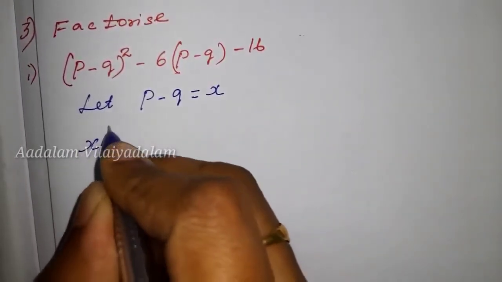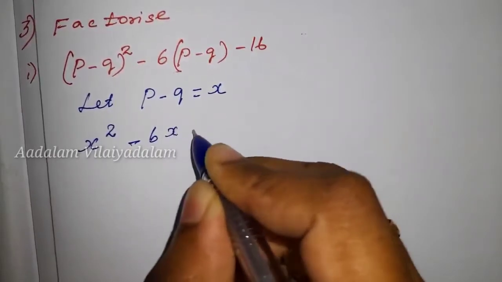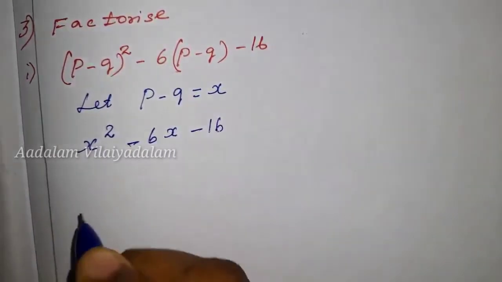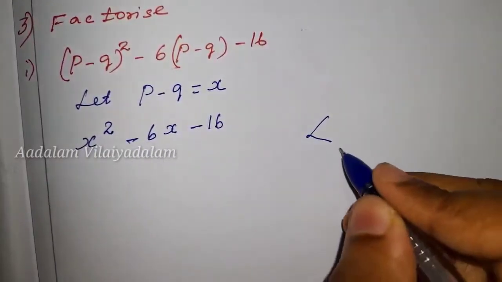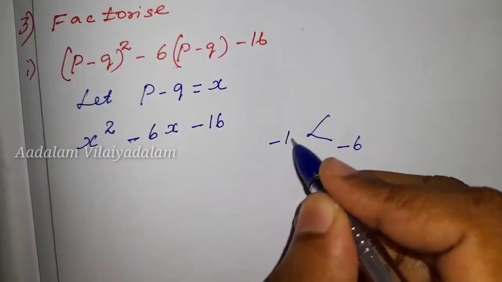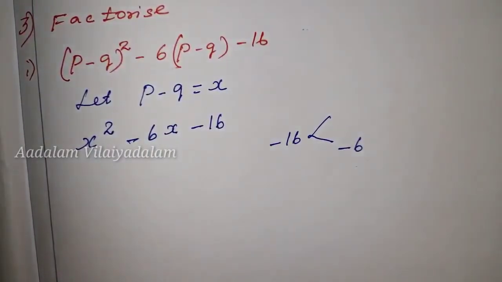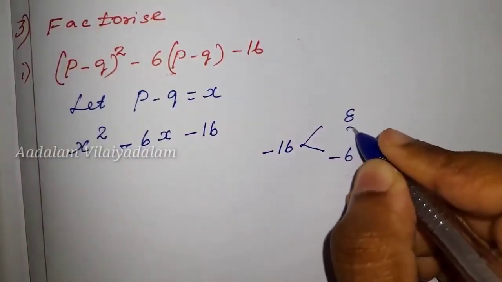So x² − 6x − 16. Here the sum of the factors is −6 and the product is −16. So the factors are 8 and 2.